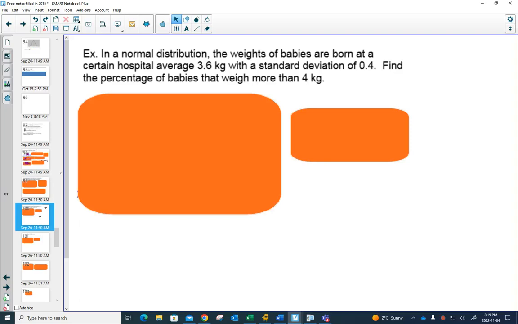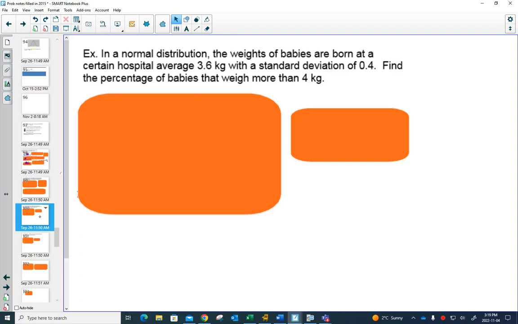Babies. At a certain hospital, the babies weigh 3.6 kilograms on average. Is that heavy? Probably you know baby weights in pounds better. 3.6 kilograms times 2.2 is about 7.92 pounds. Big babies or little babies or average babies?